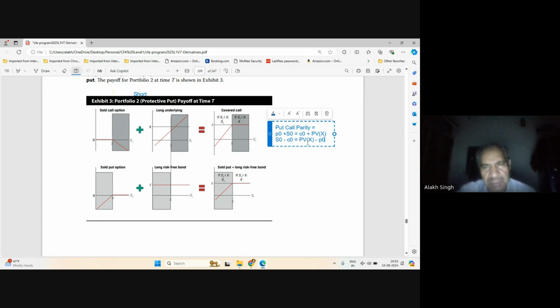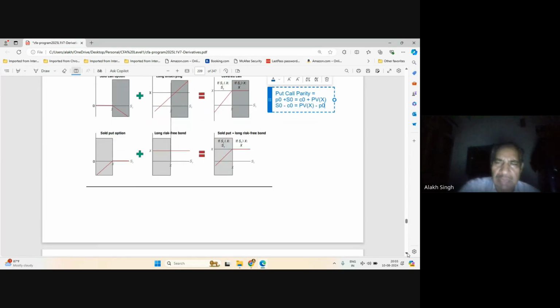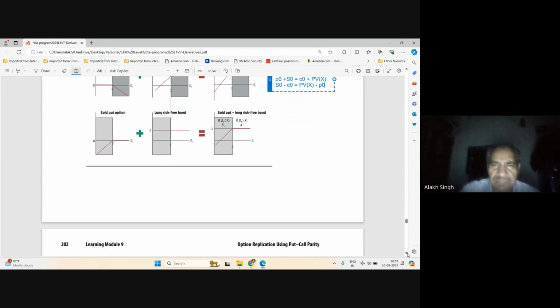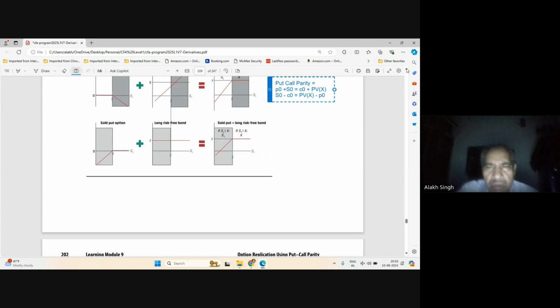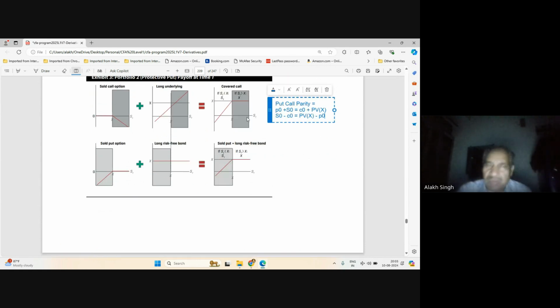The present value of X is the price of buying a risk-free asset now, one that doesn't pay any coupon. If you buy a bond whose face value is the exercise price X, you will have to pay this present value. So whether we use the upper equation or the lower equation, the payoff will be the same. That is what we are showing.